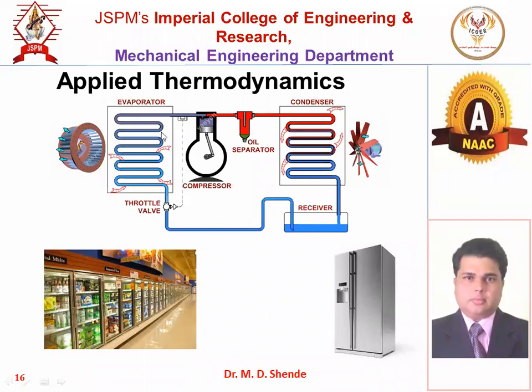Then this is the compressor. In VCR you will find all these components. After the compressor, this is the oil separator, but it is just an accessory. The main parts are evaporator, compressor, condenser, and throttling. These four parts are essential to run the VCR system.